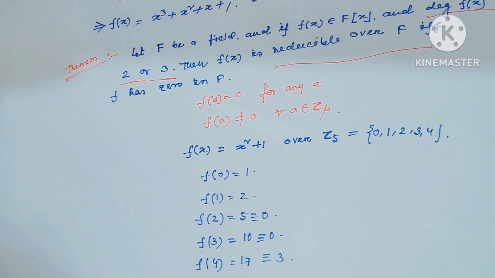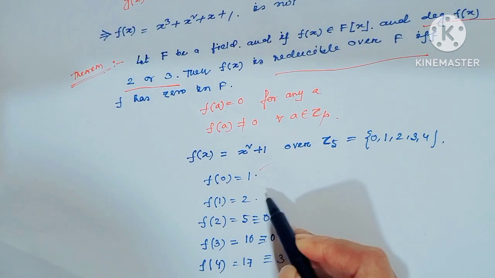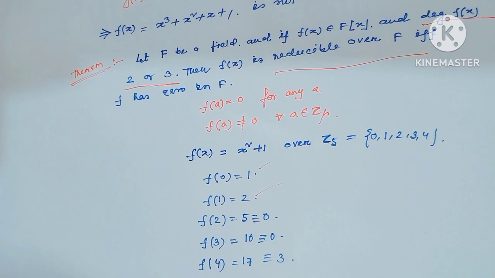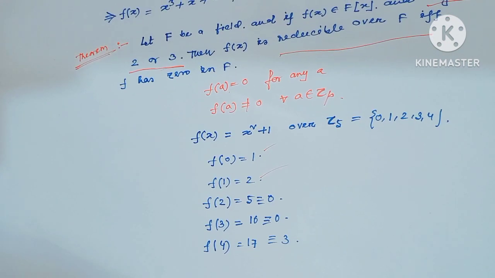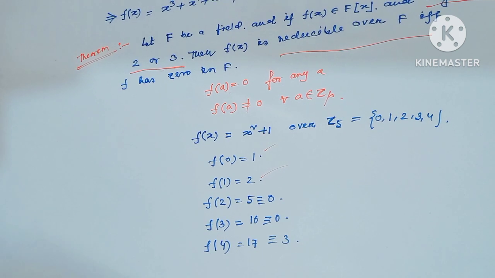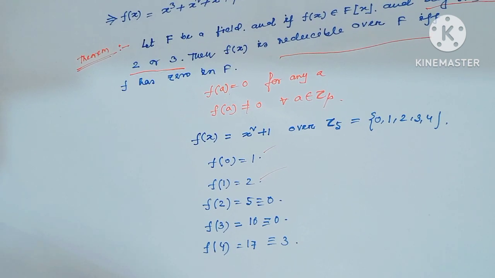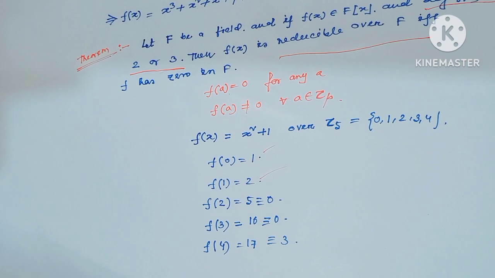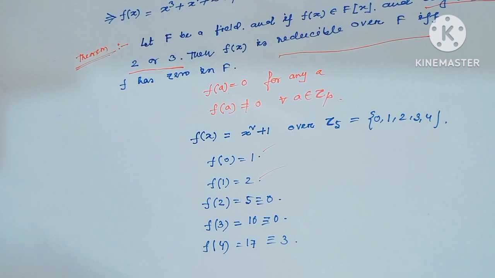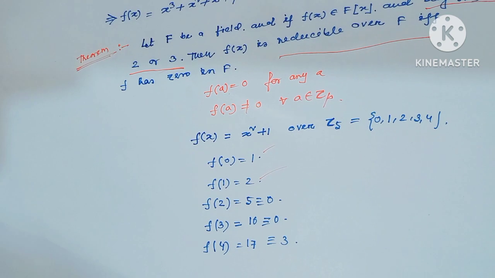Notice here f(0) = 1, f(1) = 2, f(2) = 5, and in Z5 this is congruent to 0, f(3) = 10, and in Z5 this is congruent to 0, f(4) = 17, and in Z5 this is congruent to 2.